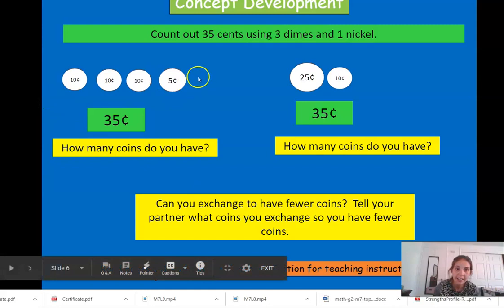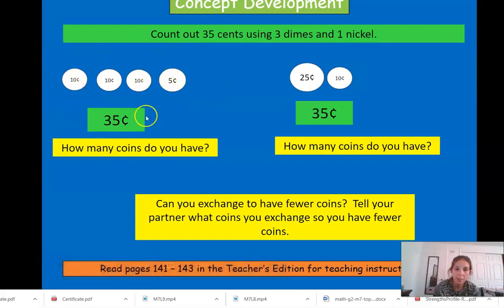So if we're looking at this one, which coins can we exchange so that we can have fewer coins? Here we only have 2 coins. So this is the one that we wanted to make with fewer coins. So which of these coins, of your 3 dimes and a nickel, how can we exchange those for a bigger coin value?